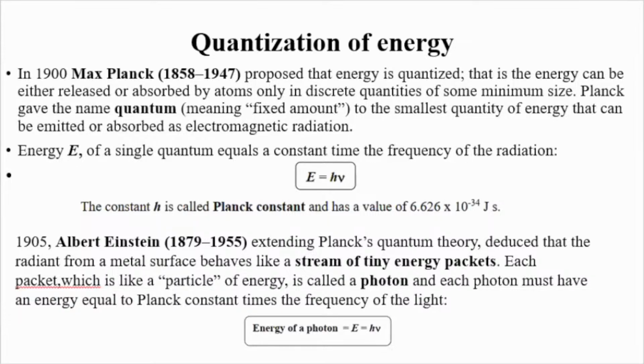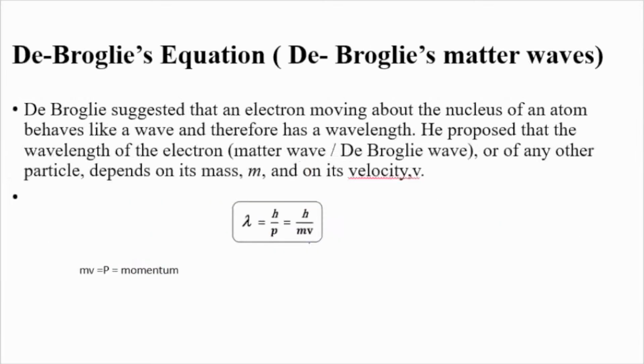It goes as a stream of tiny energy packets, one packet is called a photon. The energy of the photon is calculated from E equals h nu. Then de Broglie in 1924 or near that time suggested that an electron moving about the nucleus of an atom behaves like a wave, and therefore it has a wavelength.